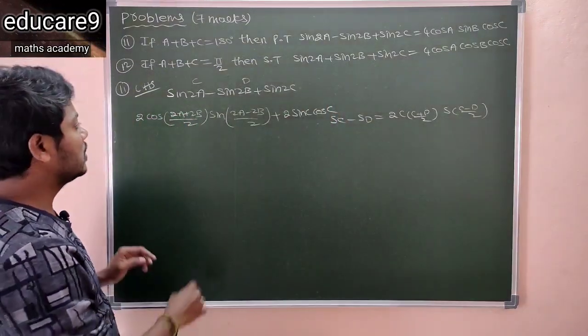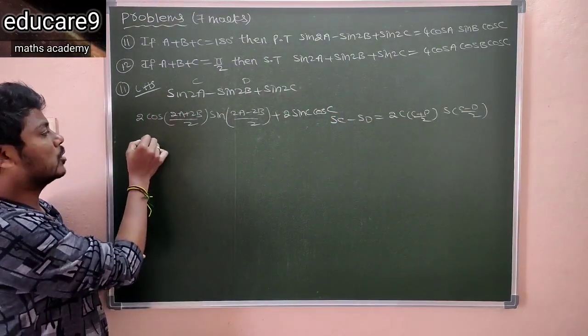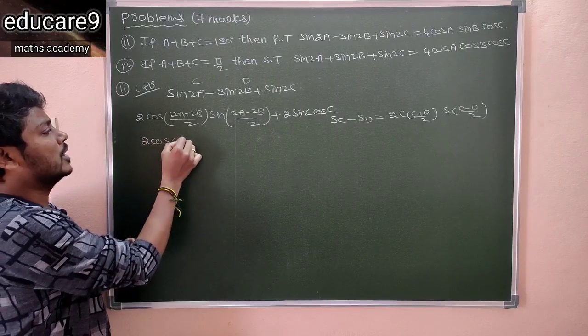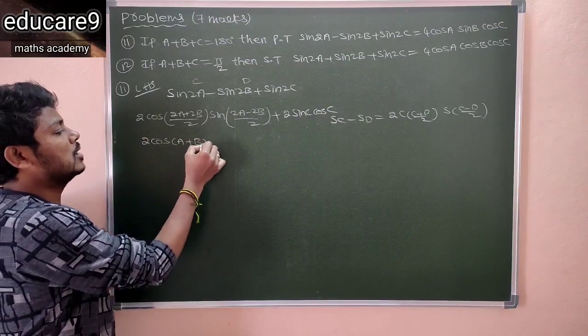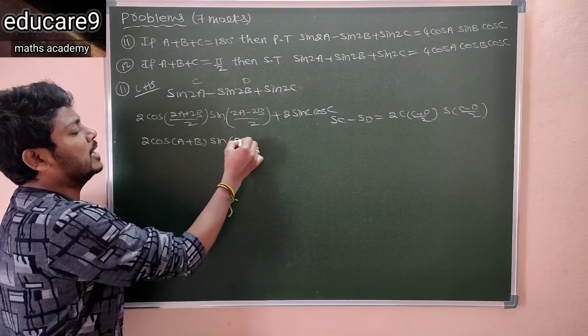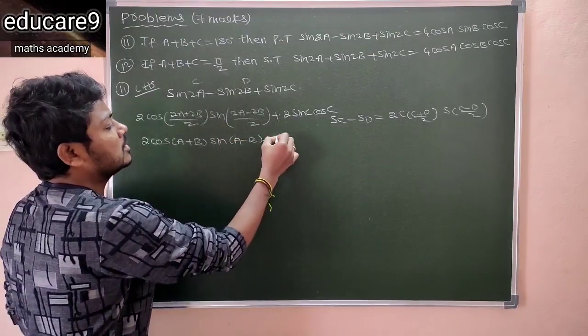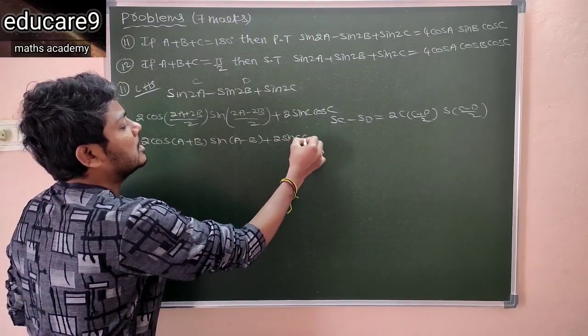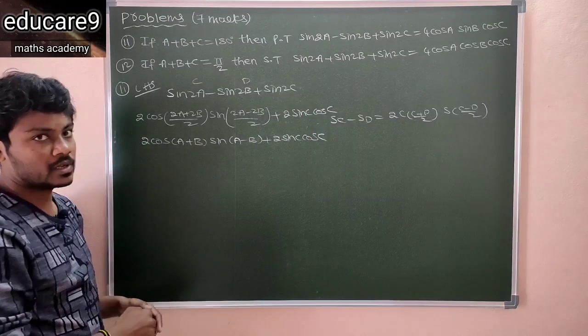Now this is 2 cos of (a plus b) sin of (a minus b) plus 2 sin c cos c.